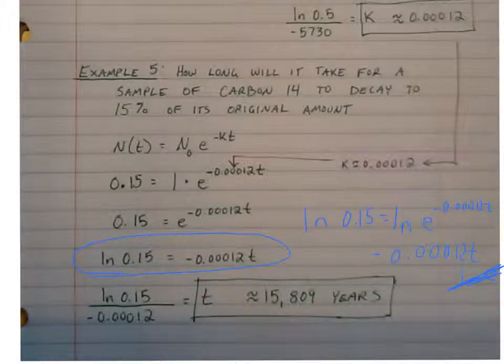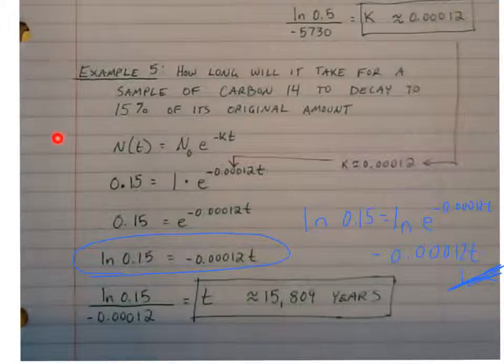Divide both sides by negative 0.00012, and we find that after nearly 16,000 years, so 15,809 years, our original gram has decayed to 15% of that. Or you could say for every 100 grams we decayed down to only 15 grams of carbon-14.